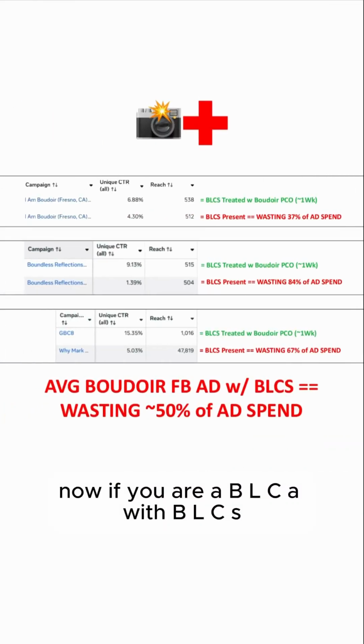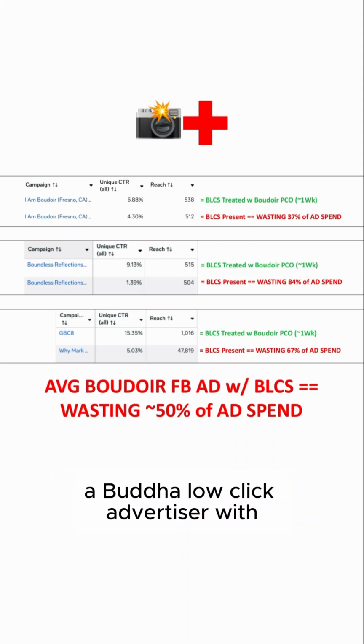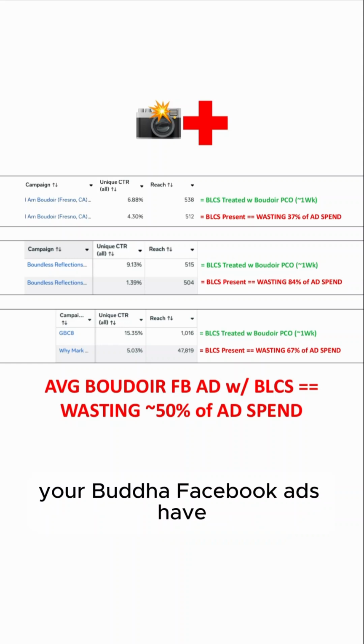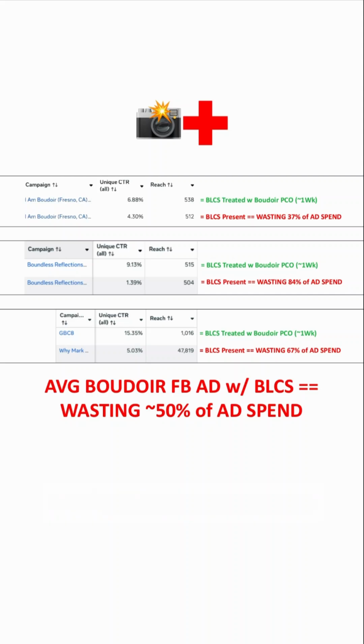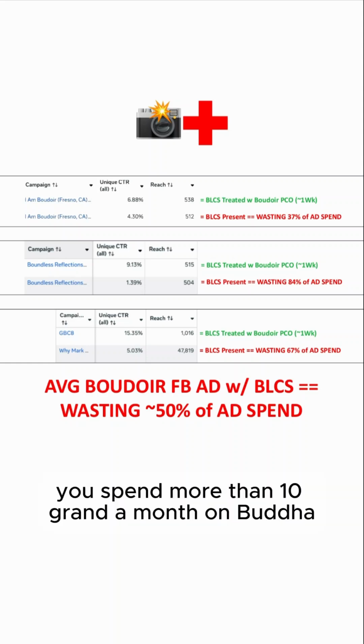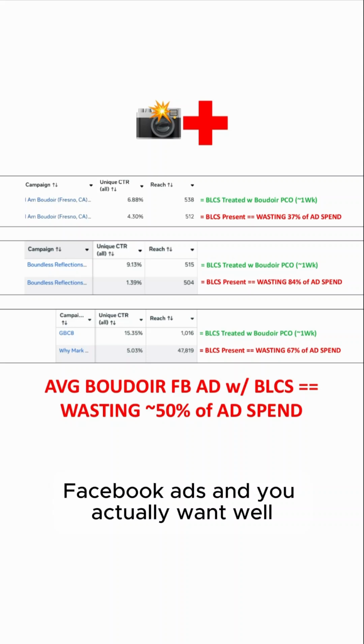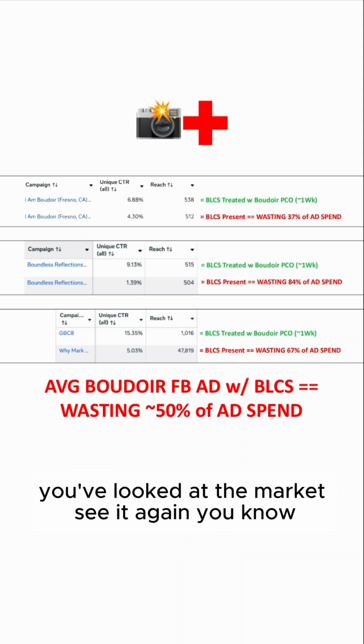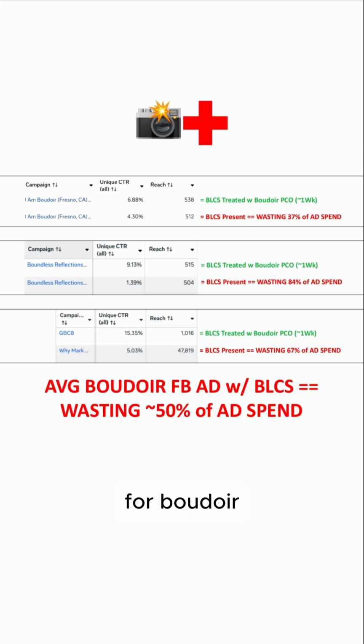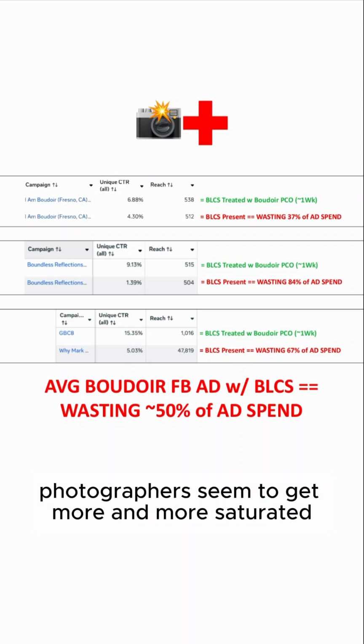Now, if you are a BLCA with BLCS, a Boudoir low click advertiser with Boudoir low click syndrome, your Boudoir Facebook ads have a unique CTR under 6%, and you spend more than 10 grand a month on Boudoir Facebook ads, and you've looked at the market, and it seems to get more and more saturated for boudoir photographers.